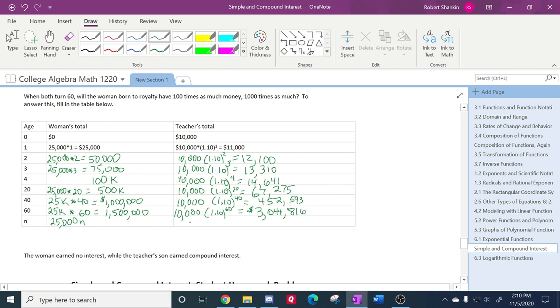And the general formula is 10,000 times 1.10 to the nth power. All right. What actually happened? By the end of 60 years, he has more than twice as much money as she has.